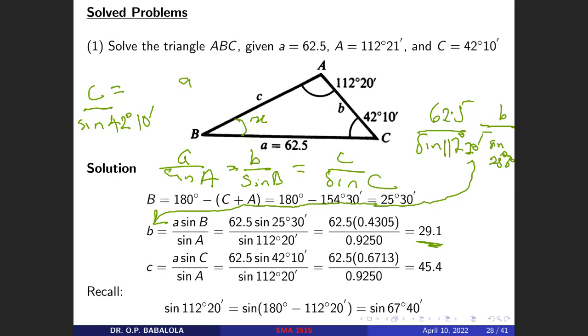We have A as 62.5 over sine 112 degrees 20 seconds. You do this, and then you obtain from here this. Is that clear? And we have C to be 45.4. Is that clear?